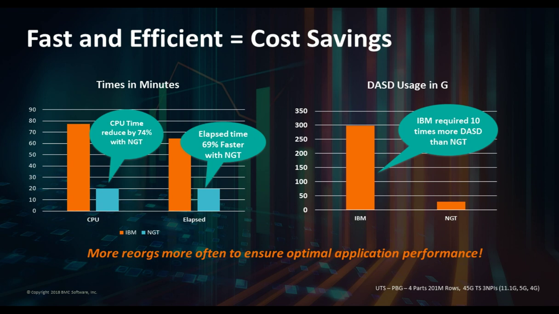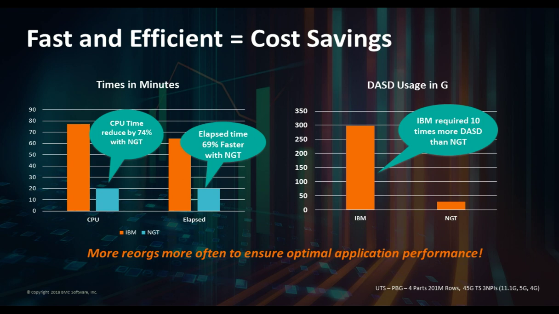You're absolutely right. What this does, though, the reason I'm showing this performance as we talk about cost savings, is we showed you those peaks and valleys of getting your reorg done every week. Well, now if I can reorg something in 1/6 of the time or 1/5 of the time, I can reorganize it 5 times as often and not use any more CPU. I can get things done during the day.